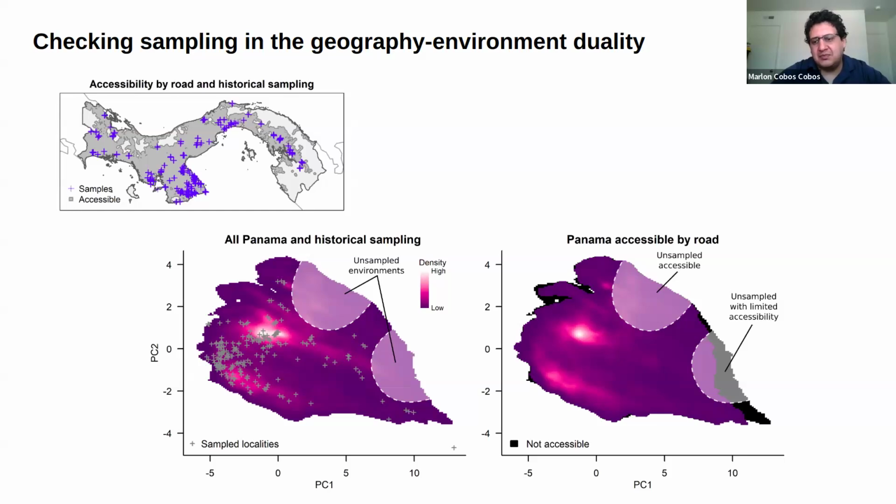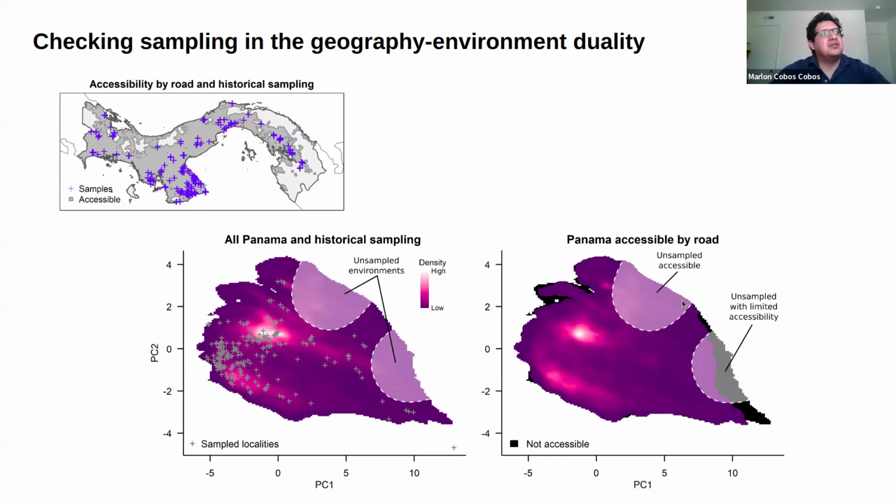Then that can also be represented over this environmental plot, and these darker, black regions are actually non-accessible due to the distance from roads. But the good thing is that most environments are actually accessible by road, and just a few regions that are accessible are actually not sampled.